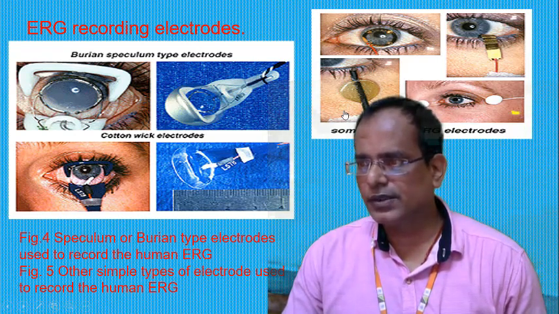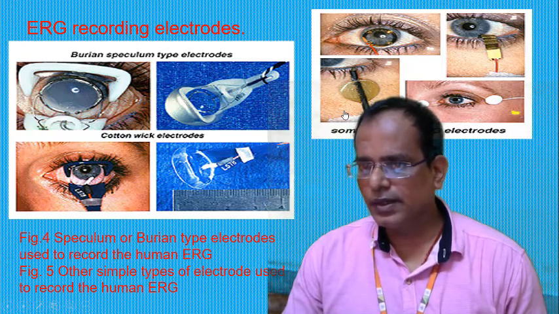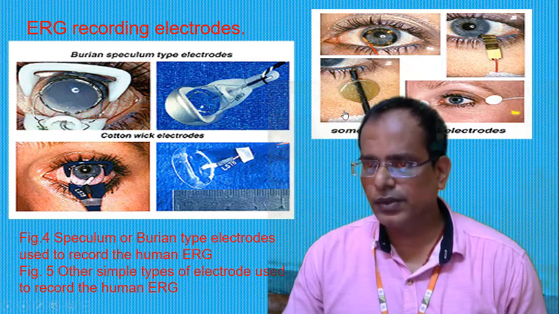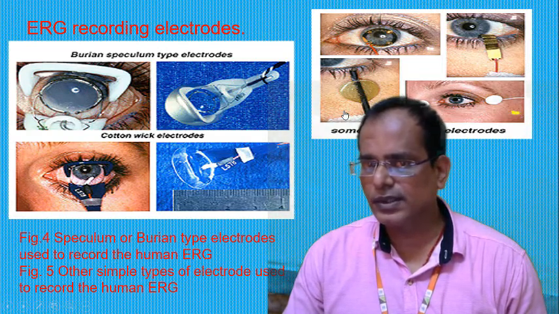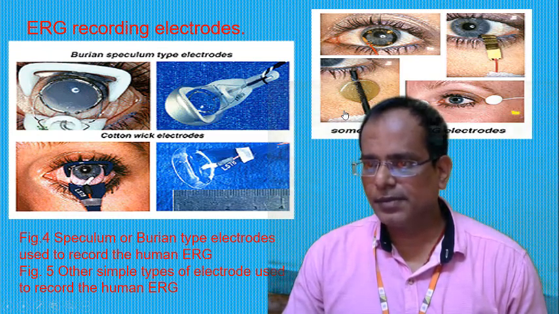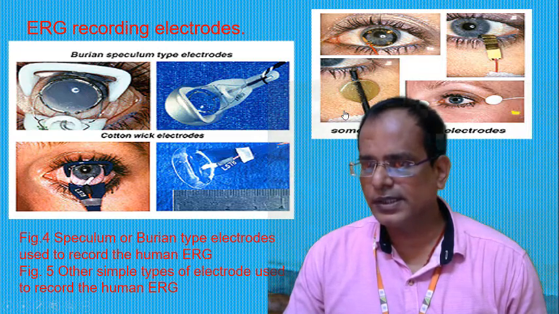Some versions use carbon and wire or gold foil to record the electrical activity. There are also cotton wick electrodes that you are seeing in Figure 4. Here the speculum or Burian-type electrodes are used to record the human ERG.